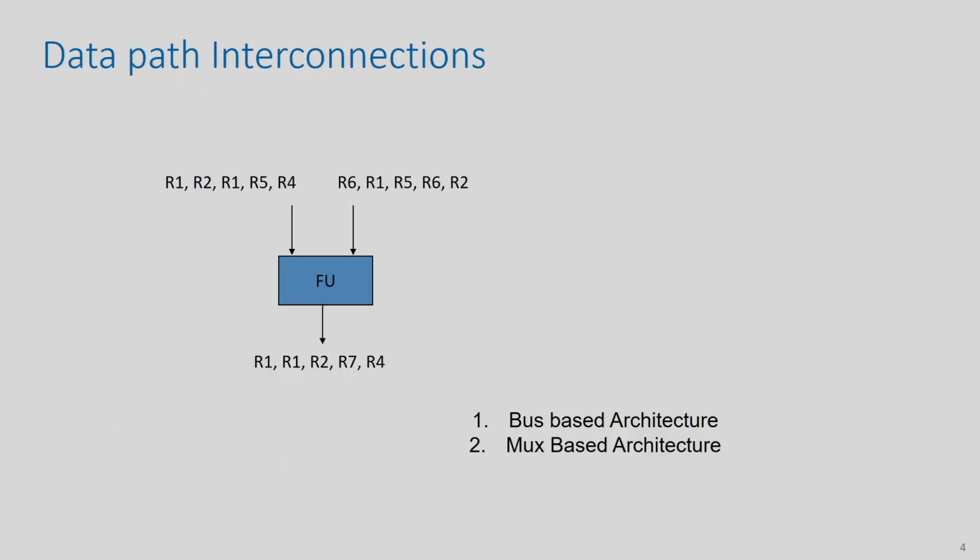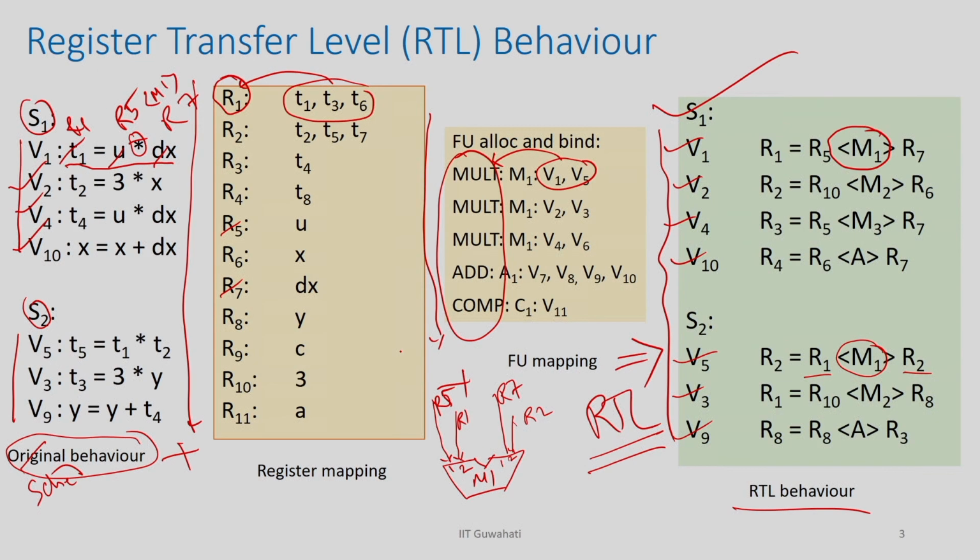If you do this for each FU, you will get such behavior, right. You will understand these are the possible values of input, in time stamps 1, 2, 3, 4, 5, and this is the output. In the previous behavior, what I have not shown is that the output will go to multiple places.